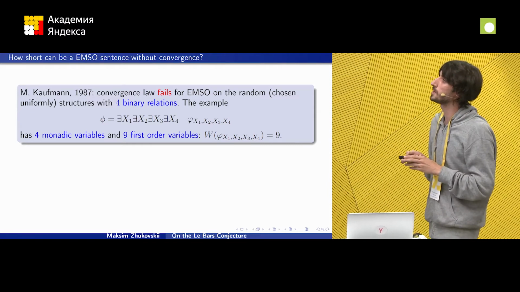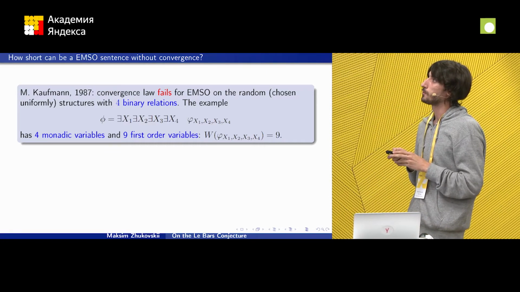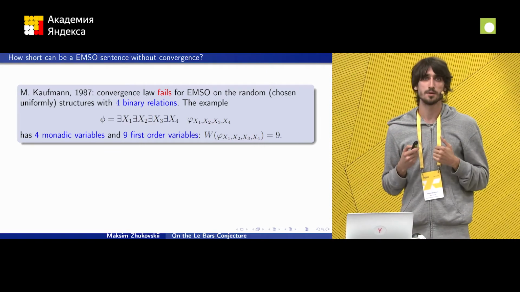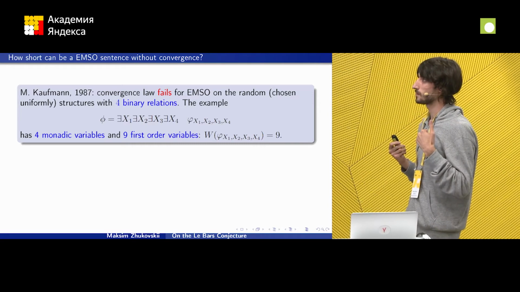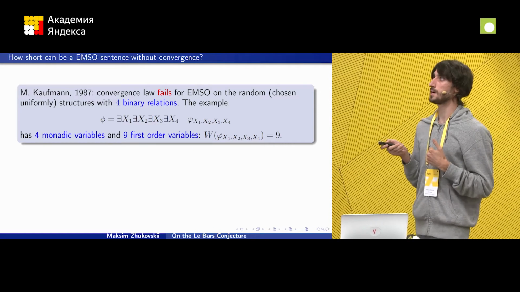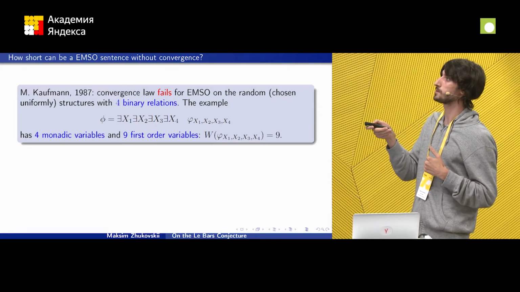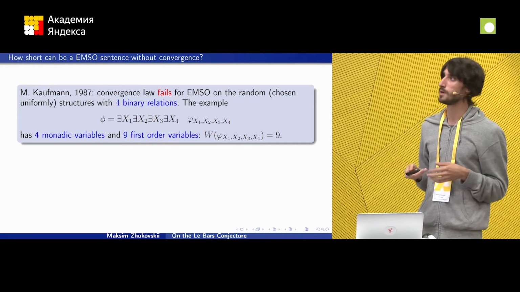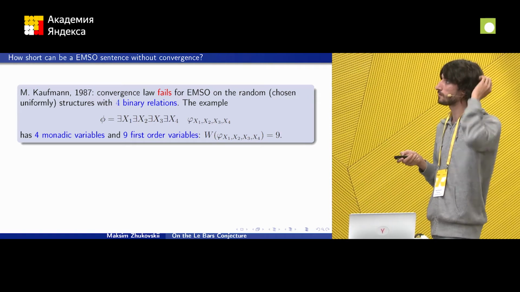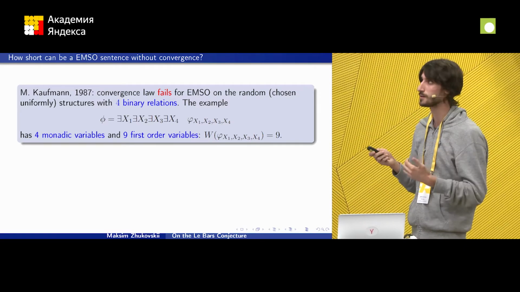And he proved that there exists a formula for which the existential monadic second order convergence law fails, with 4 monadic variables and 9 first order variables. So it has this form: in the beginning we have 4 monadic variables, and then we have a first order part in which the variable width equals 9.